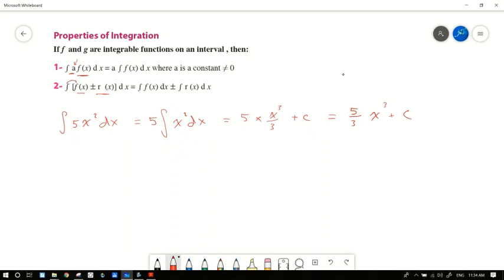I can distribute the integration over f of x and r of x, which can be expressed, in this example, as integration of x power 3 plus 3x power 2 plus 4 dx for the whole function.